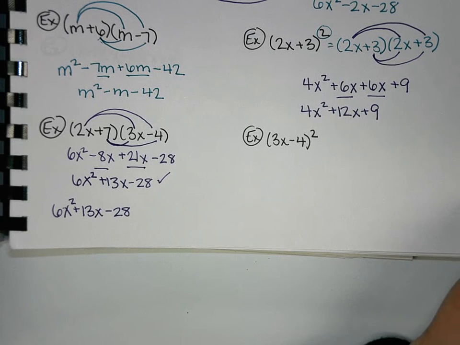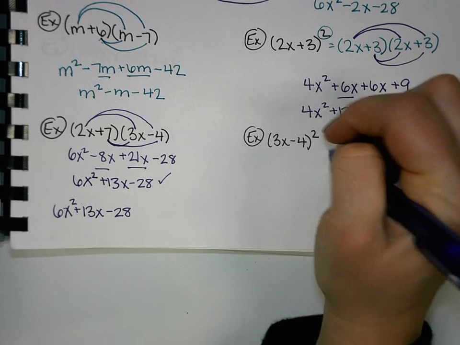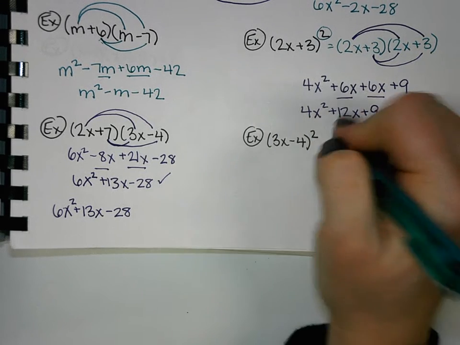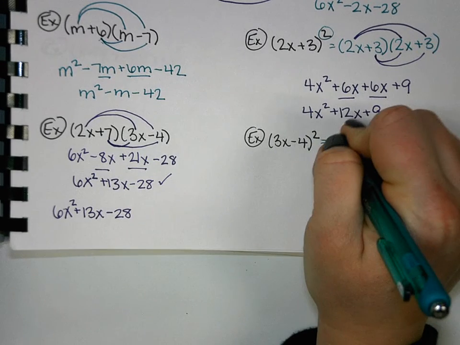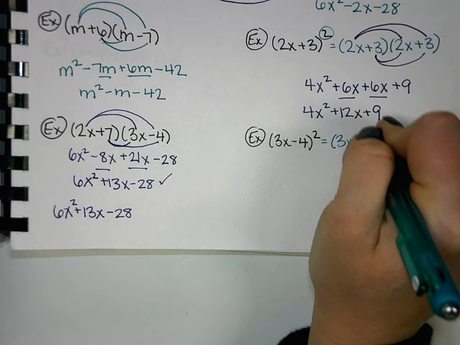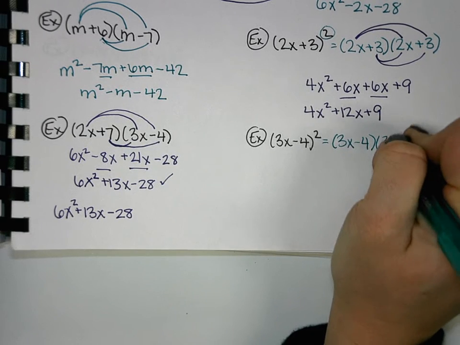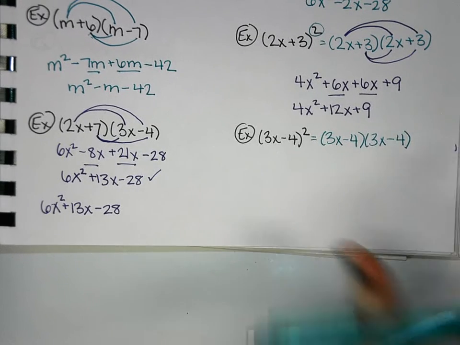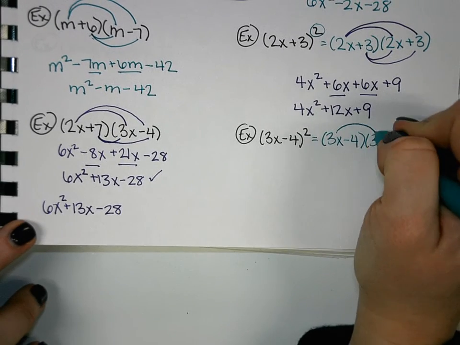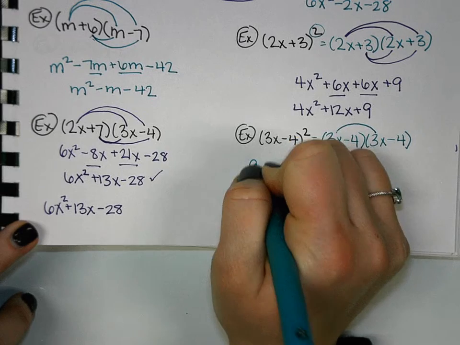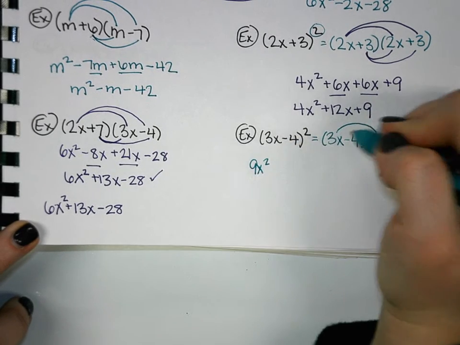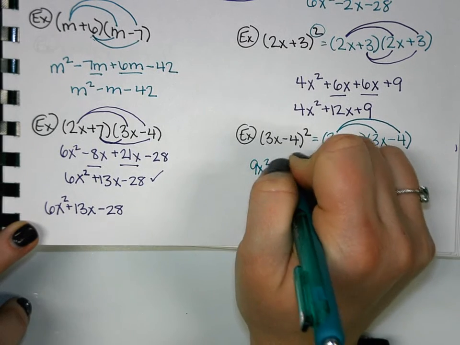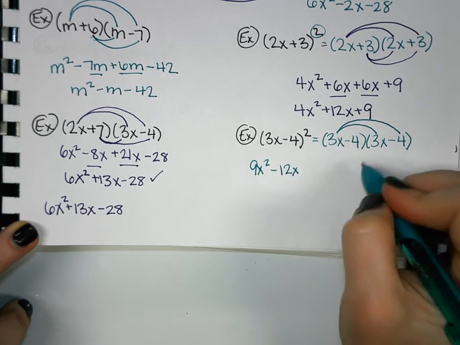Okay, last one. We want to remember that we need to write it out twice. So remember this is equal to 3x minus 4 times 3x minus 4. So 3x times 3x, 9x squared. 3x times negative 4, negative 12x.